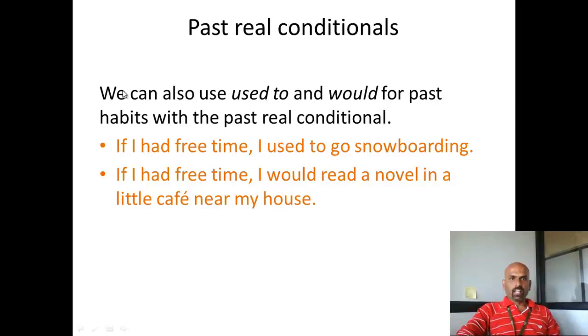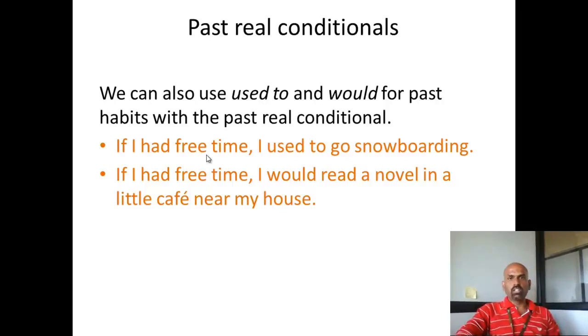Look at this. This is past real conditionals. When you talk about the past real conditionals, what are the other tenses you can use? Look at this. If I had free time, I used to go snowboarding. But generally, in the conditional class, we use: if I had free time, I would go snowboarding. Only normally we use that. But here, these are the other different usages, advanced level usages.